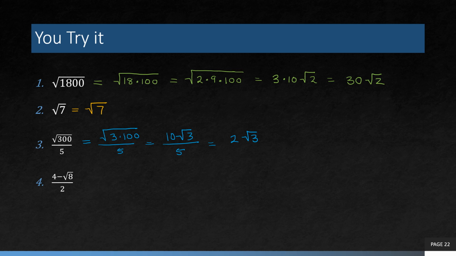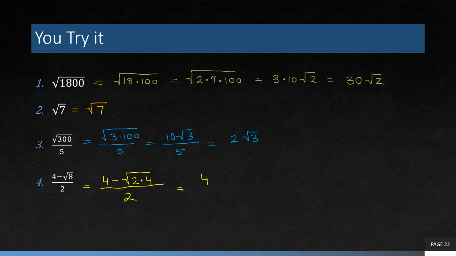For our final one, we are going to work with a difference. So we have 4 minus the square root of 8, all divided by 2. So here we're going to go ahead and go 4 minus, and 8 can be broken into 2 times 4, and 4 is a perfect square. That's going to be divided by 2.